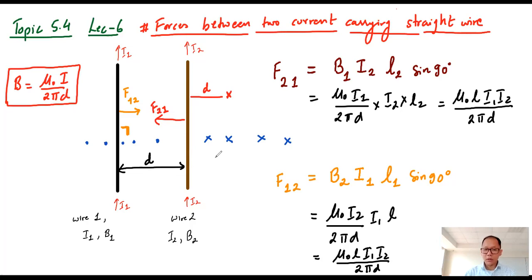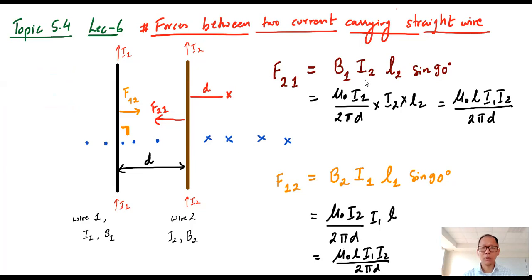Now, what is the conclusion here? So the conclusion is basically that if you have two wires in which the current is flowing in the same direction, there is an equal and opposite force acting on each wire.